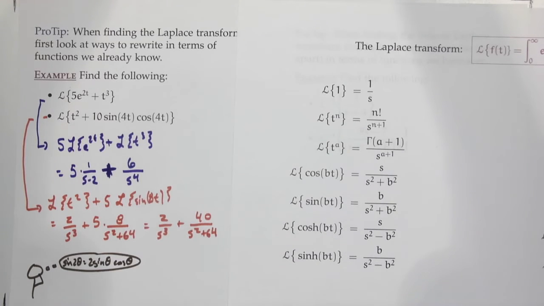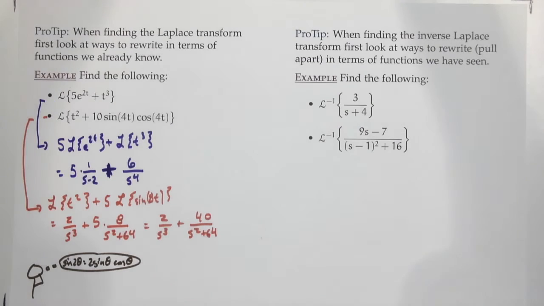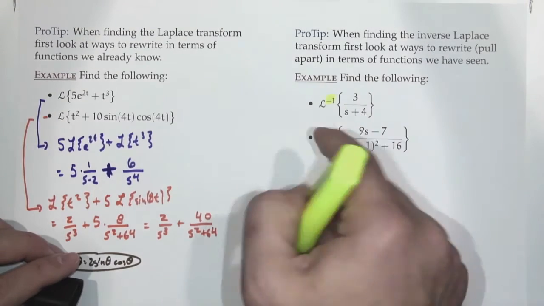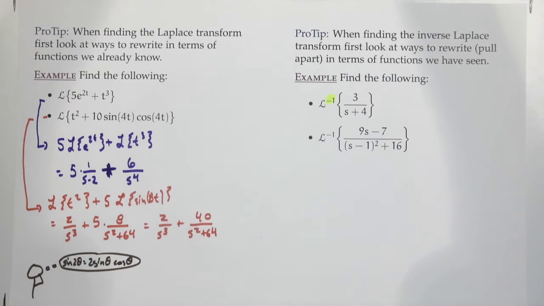All right, good. Now, that's examples of finding the Laplace transform, but we also need to find the inverse Laplace transform, which, if we haven't said it explicitly, is what that means when you see that -1. That's the inverse Laplace. We're sort of undoing. And there's another tip here.